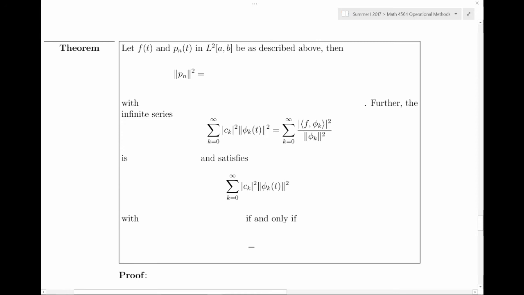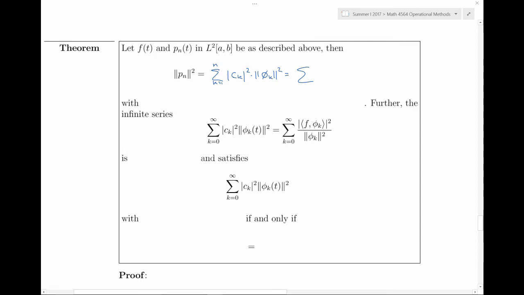So the norm of Pn, since everything is orthogonal, is going to be just the sum, k goes from 1 to n, of the absolute values of ck squared times the norm of psi k squared, which is the same as the sum.